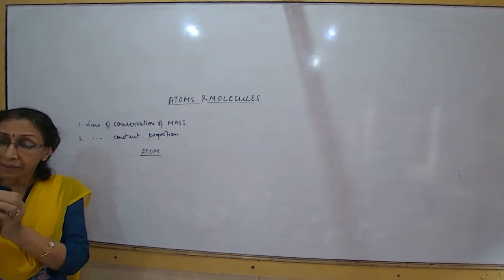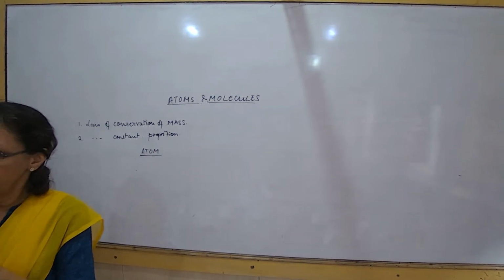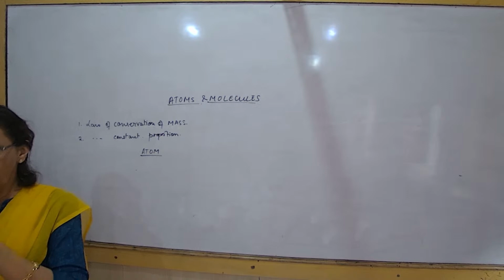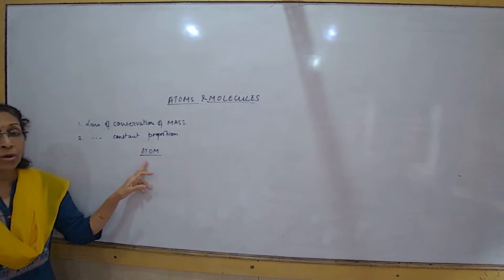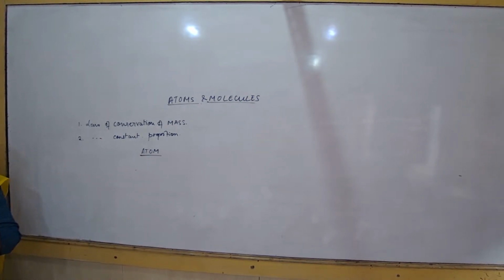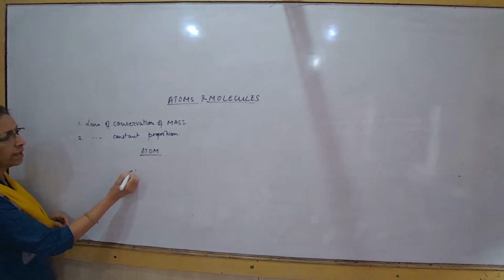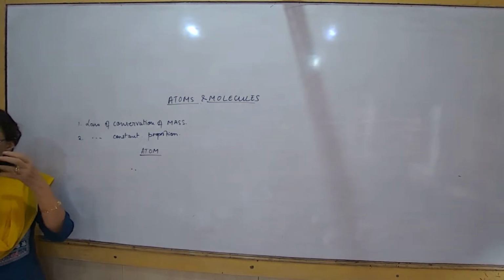He said it is the smallest particle of any substance, whether it is an element or a compound. It is small and indivisible. At that time, they did not know that an atom can also be made up of electron, proton, neutron. They thought that the smallest particle of any substance is an atom. It cannot be seen.